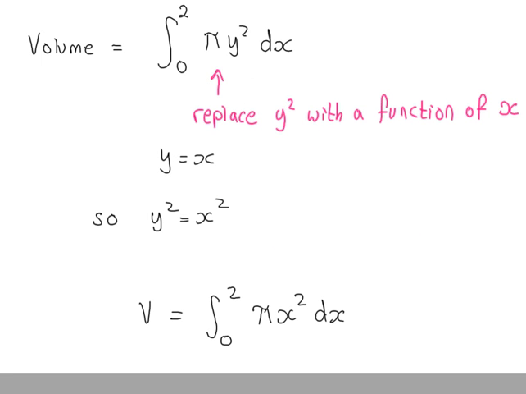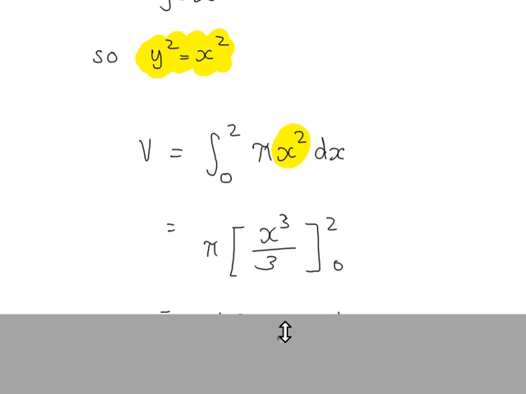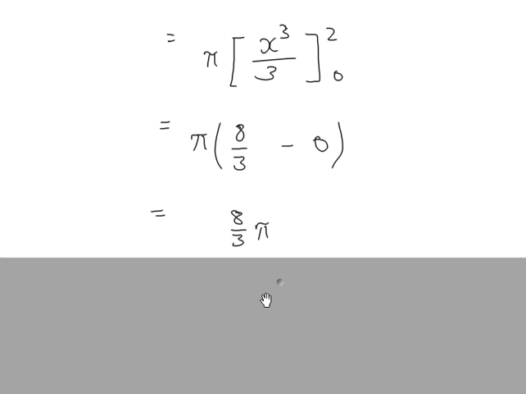So that y squared has been replaced with x squared. And that's simple to integrate. Gives you x cubed over 3, put the limits in, and then simplify.